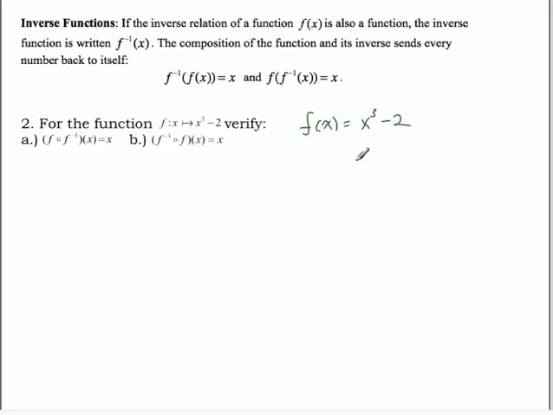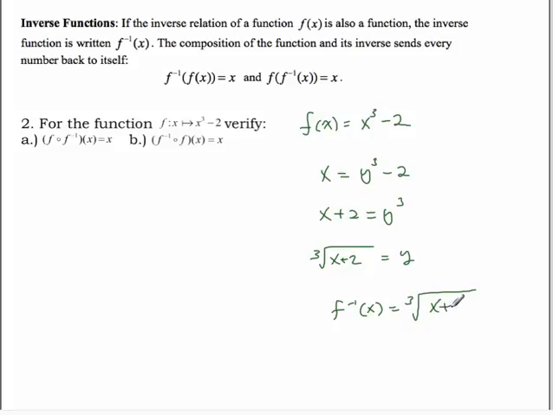And let's find f inverse. So I'm going to do x equals y cubed minus 2. X plus 2 is y cubed. So cube root of x plus 2 is y. So f inverse of x is cube root of x plus 2.